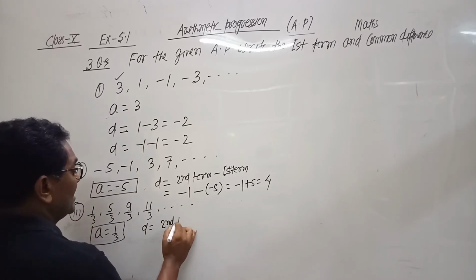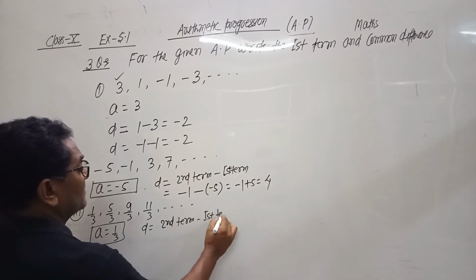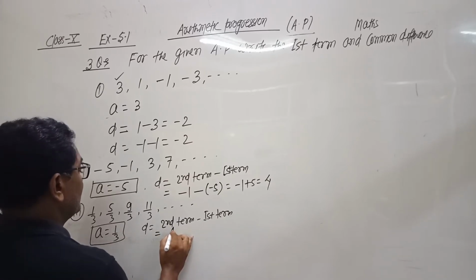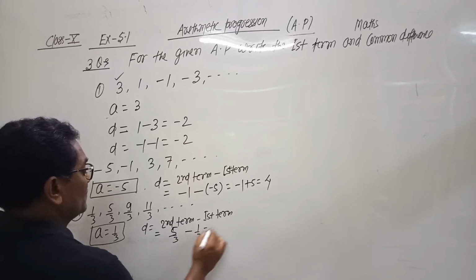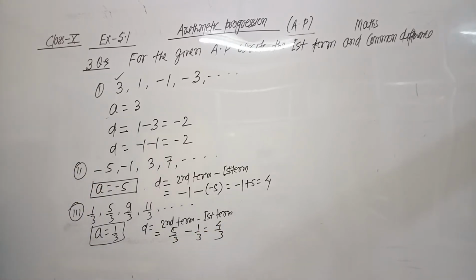So we write second term minus first term: the second term is 5 by 3 and the first term is 1 by 3. So 5 by 3 minus 1 by 3 is 4 by 3. So we get the common difference 4 by 3.